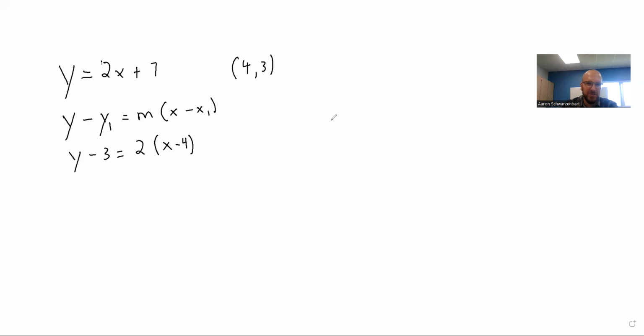Well, unfortunately for you, I'm not always this nice, and I don't always give them to you in slope-intercept form. Sometimes I might give it to you like this. First thing I need to do then is convert to slope-intercept form.